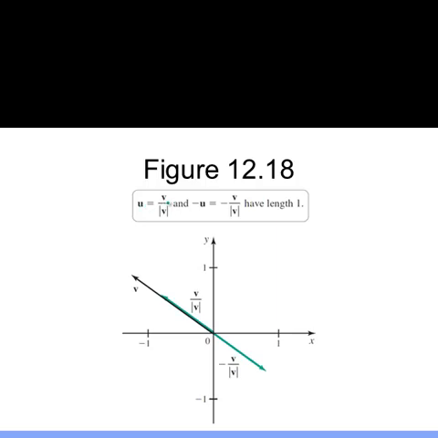Either in the positive direction, meaning in the direction of v, or in the opposite direction of v. If you want a unit vector in the opposite direction of v, then just put a negative in front of v over magnitude v. Okay?